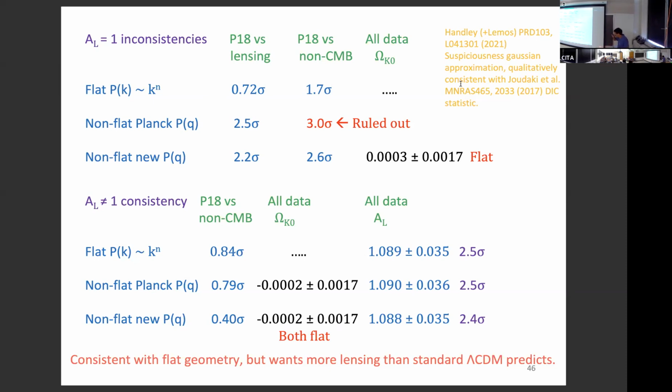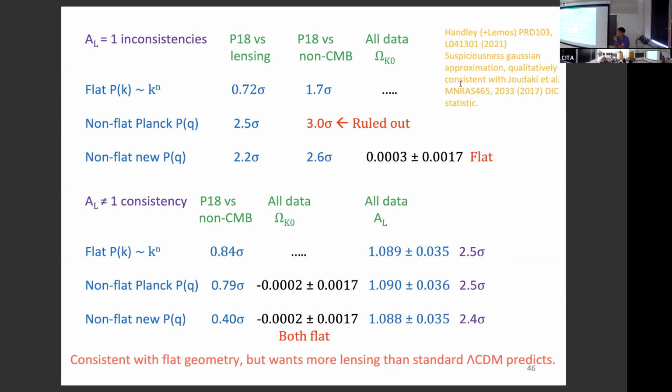It's coming out of combining BAO data and CMB data. And it's not that the BAO data is inconsistent with closed geometry. If you do this analysis with just the BAO data alone or the non-CMB data alone, it favors omega k of minus 0.01, but at something like 0.7 sigma.